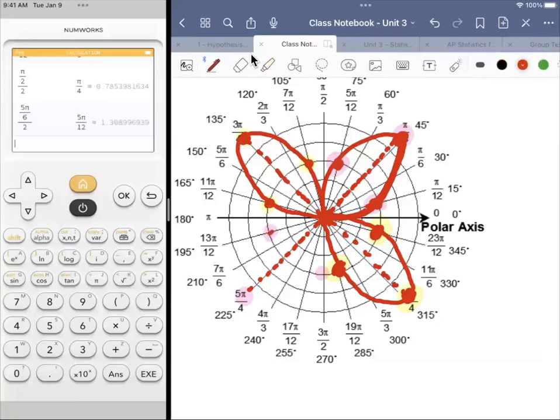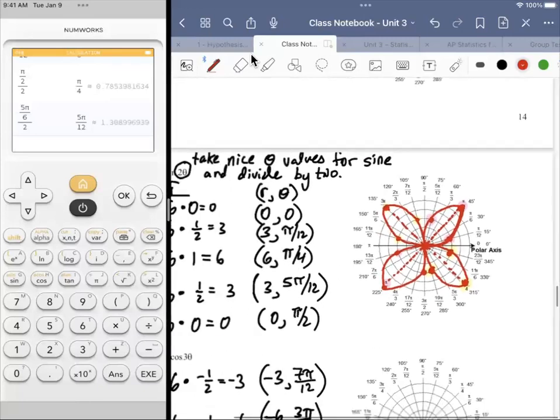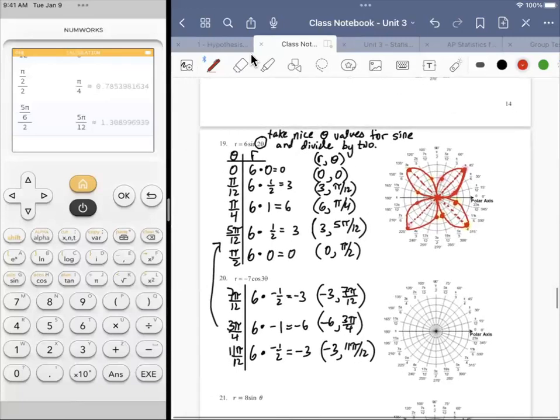So it took a while, but after all of this, we're able to come up with a fully symmetrical, oops, that's hideous. A fully symmetrical 4-petaled rose. All right.